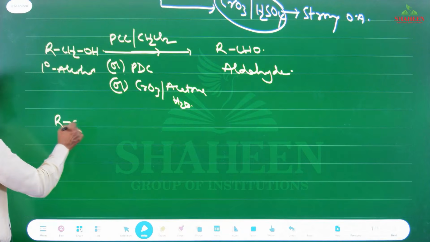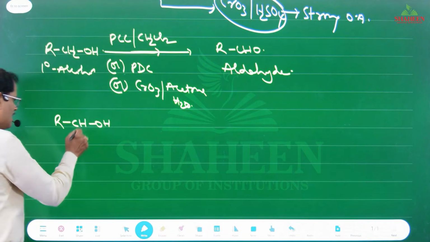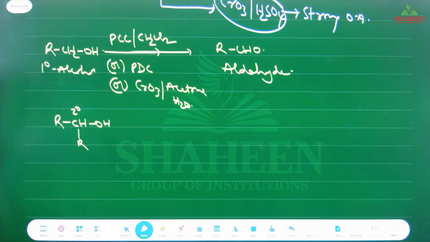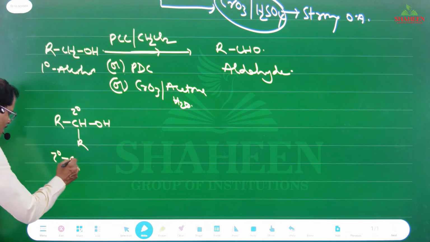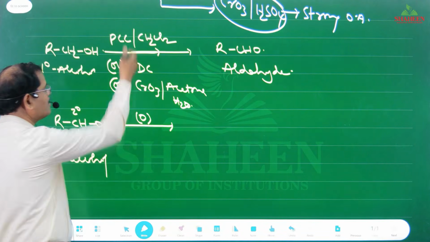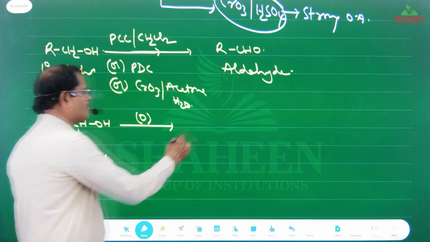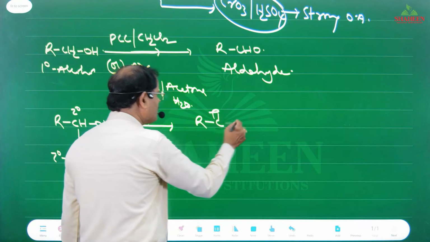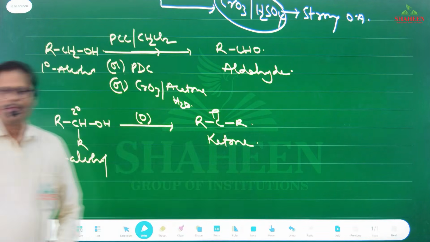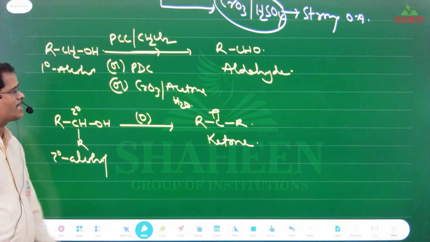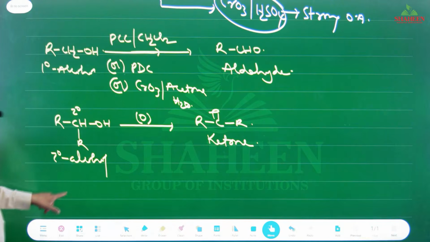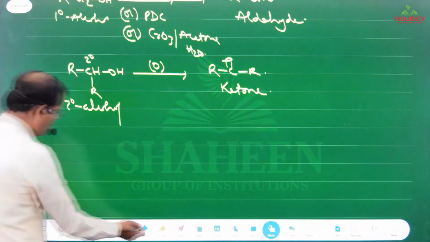Secondary alcohols, R2CHOH: here the hydroxy group is present on a secondary carbon, that is why it is a secondary alcohol. By oxidation with any one of these oxidizing agents, it produces a ketone as the product. If aldehydes are required, we take a primary alcohol; if a ketone is required, we go for a secondary alcohol.